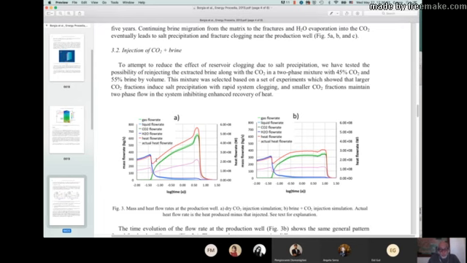And because you're flowing this two-phase flow through the fractures, the actual average permeability of the system decreases because the droplets of water occupy space while the CO2 is trying to flow through them.